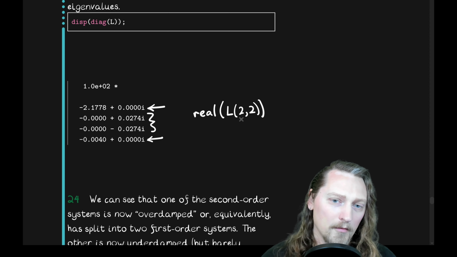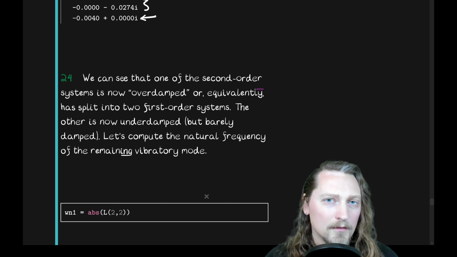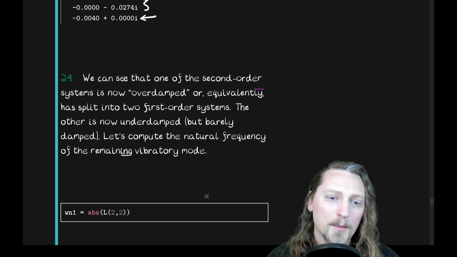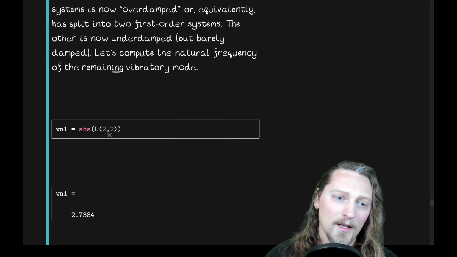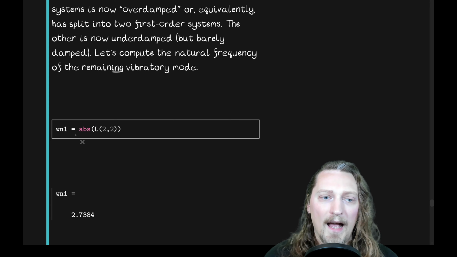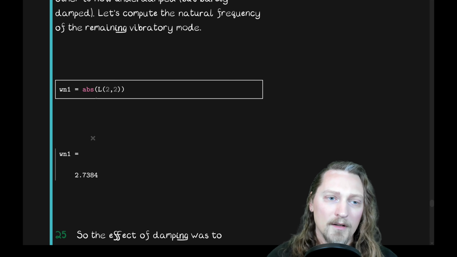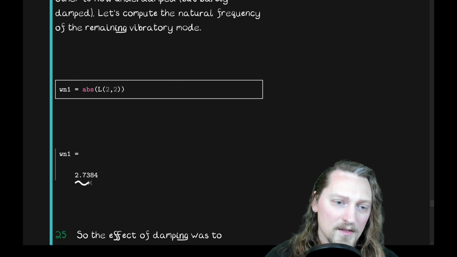The real part of that would give you some small negative number, but not negligibly small. So let's compute the natural frequency of the remaining vibratory mode, which is showing up in the 2 2 and 3 3 portion. So we take the absolute value of the second eigenvalue, gives us 2.7384.